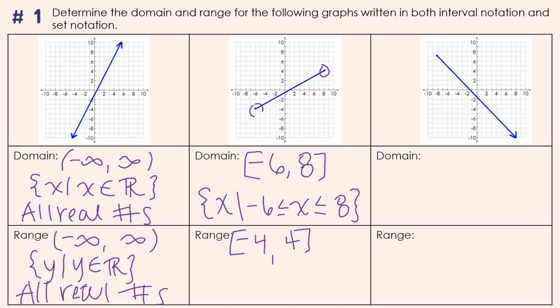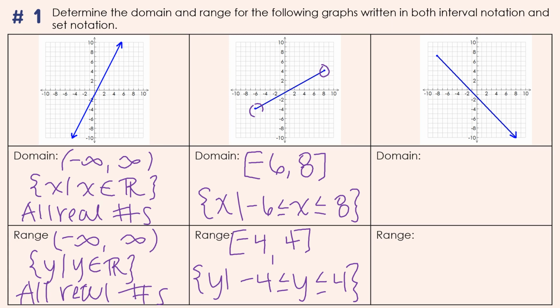To do it in set notation, we are going to do y such that, and then because it falls between negative 4 and positive 4, we write our inequality. Make sure you're using braces. Both of those are perfectly fine to write. You just need to be prepared because questions might be in interval notation or they might be in set notation, depending on the type of question they're asking.